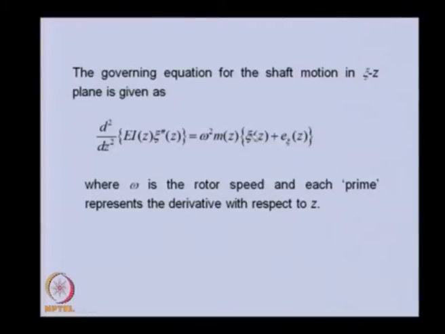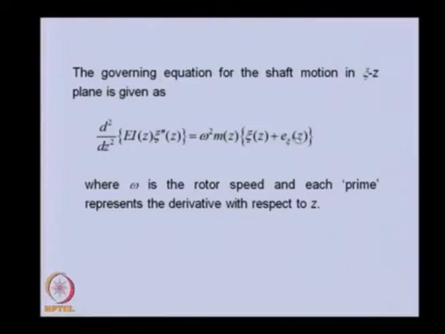In this, apart from the response, we have included the eccentricity also, and the time derivative, because the rotor is rotating at omega speed, comes in the form of omega square.